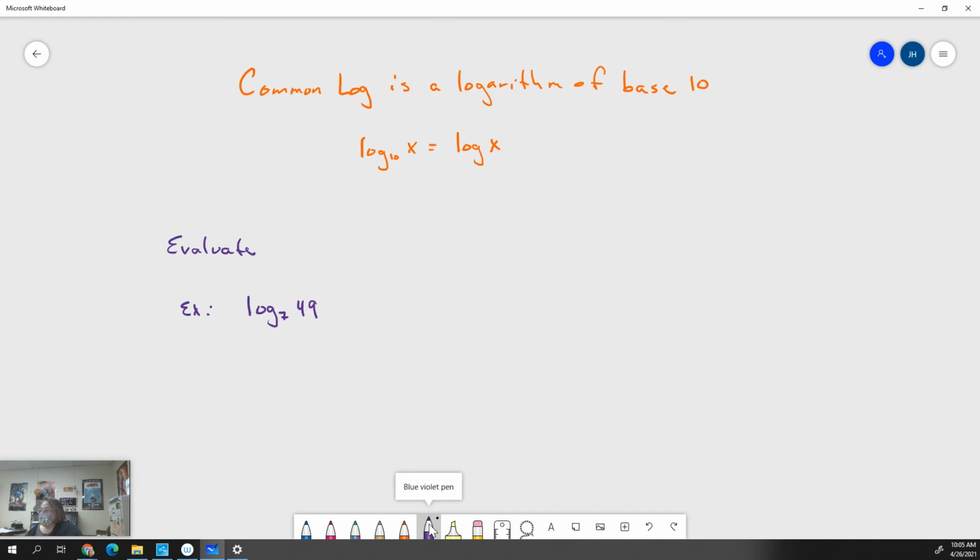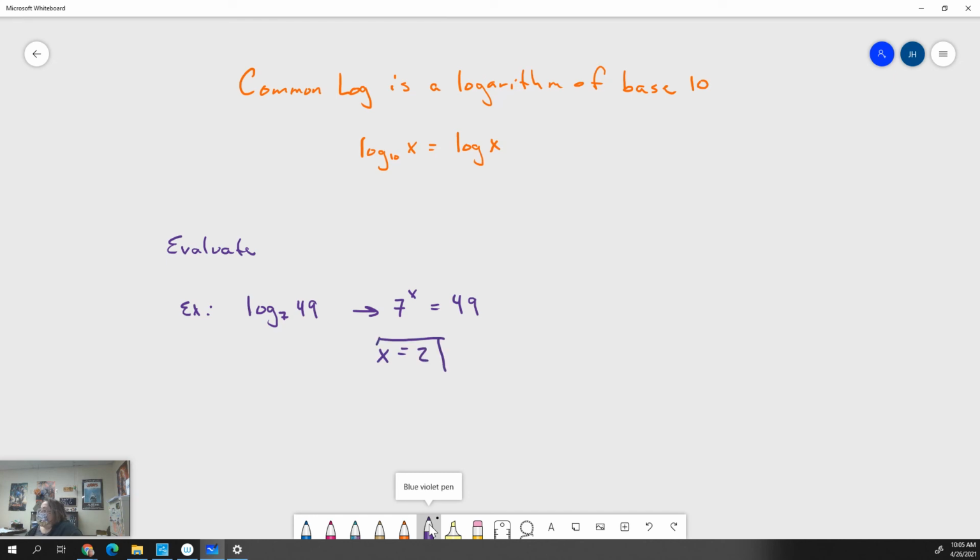So I'm going to write it in exponential form. I've got 7 to the x, because we don't know what it equals yet, equals 49. And I can look at that right off the bat and go, oh, I know that x equals 2, because 7 squared equals 49.